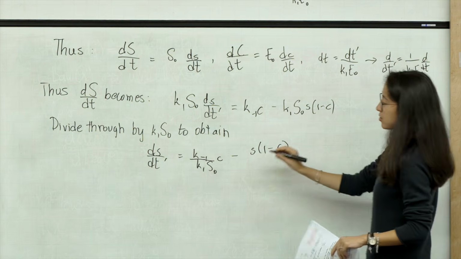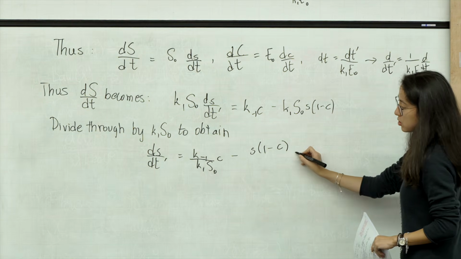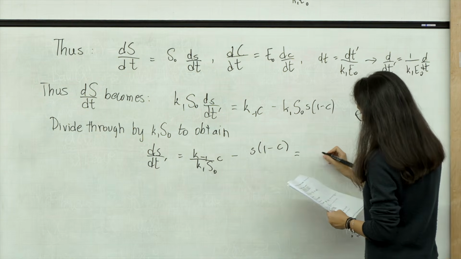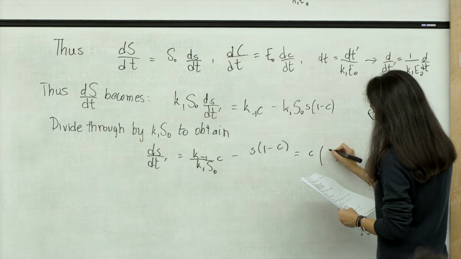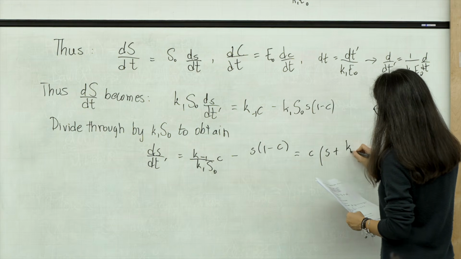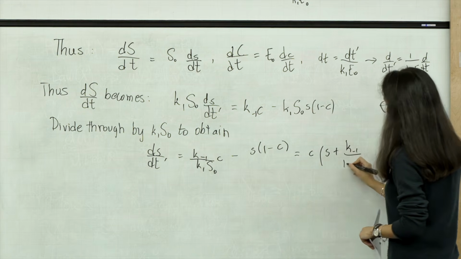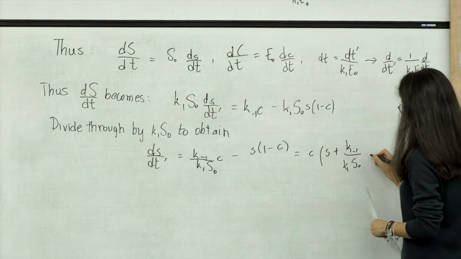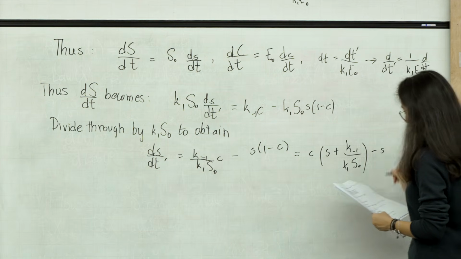I will do some rearrangement here because I want to define some new constants that will become important later. But you can basically rewrite this as minus s, and then I have minus the little s.